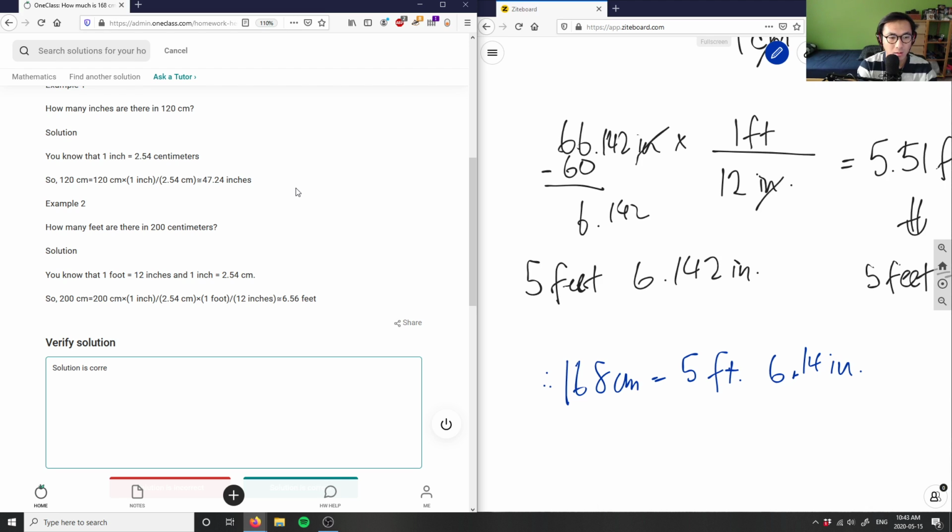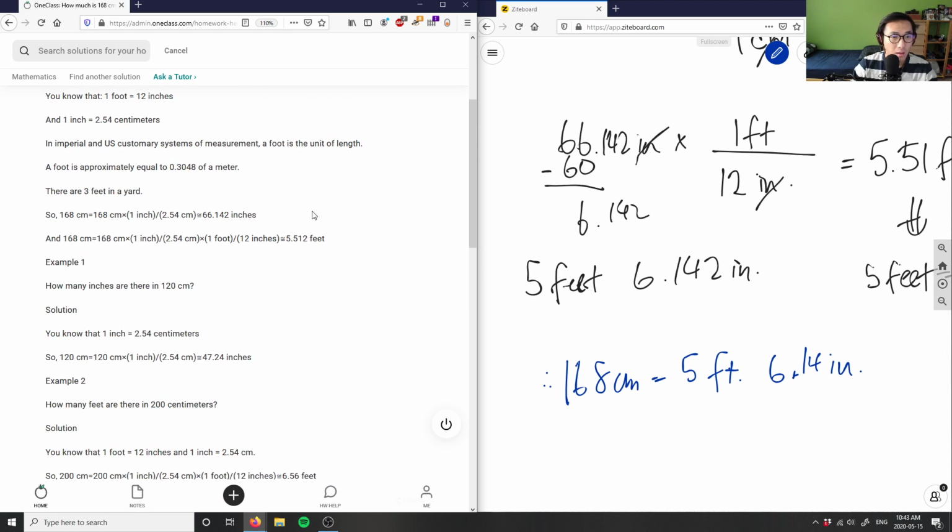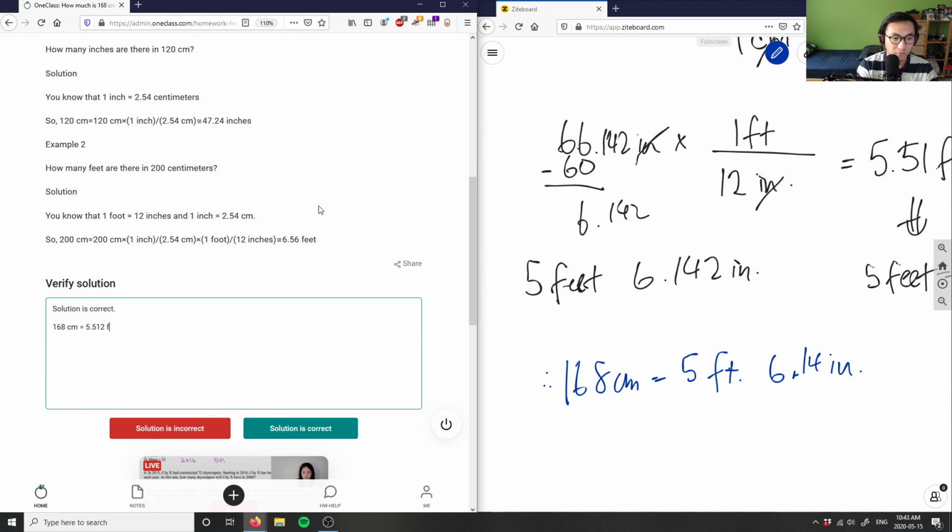I'm going to add on to their answer and say 168 cm equals 5.512 feet. So therefore 168 cm would equal 5 feet and 6.142 inches here. The solution here is correct.